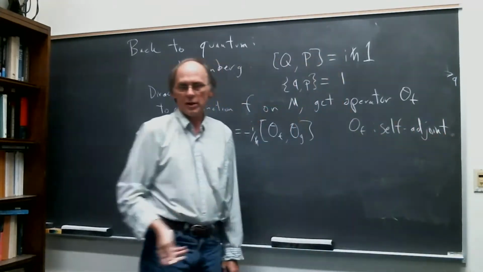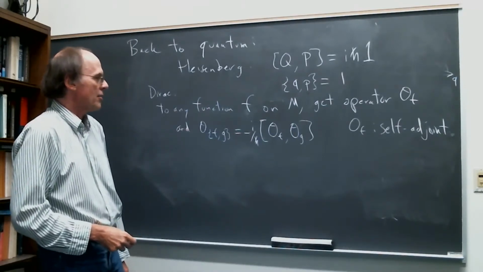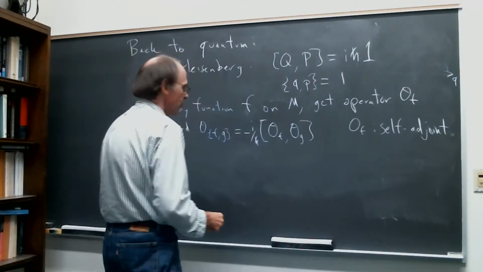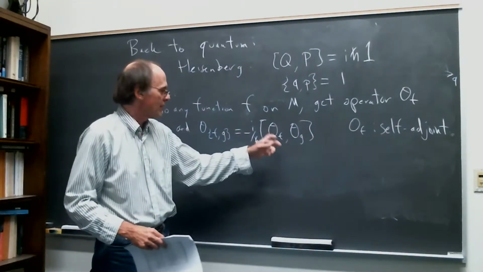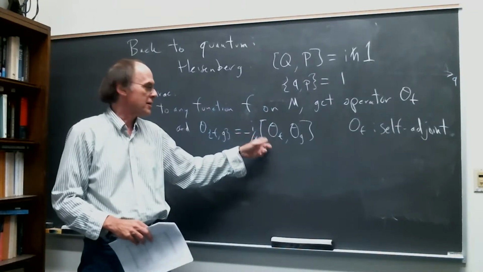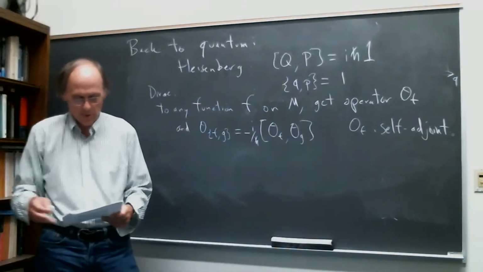If they're self-adjoint, then they're going to have real eigenvalues. But mathematically, it turns out that if you want to think of these things the way I want to, in terms of coming from a Lie algebra representation, it's better to put in an i.